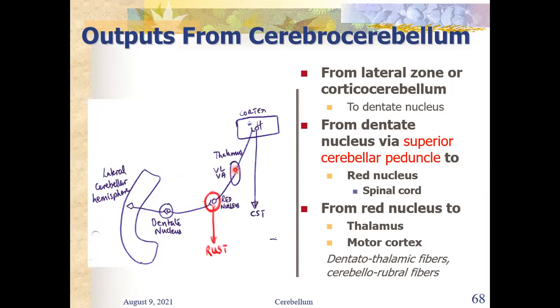From the thalamus, the next order neurons carry projection fibers to the cerebral cortex. And from the cerebral cortex, motor fibers can descend as the corticospinal tract. So that pathway is known as the dentato-thalamic pathway.